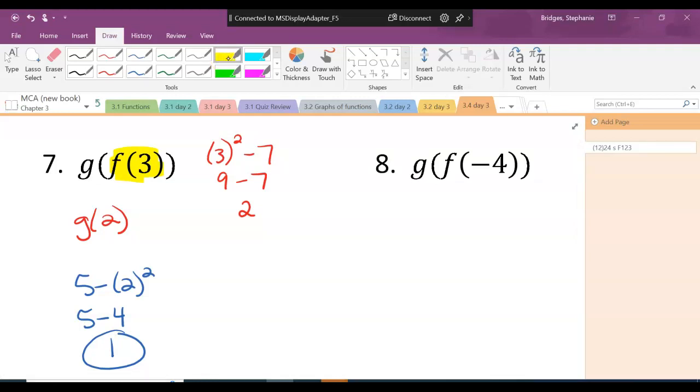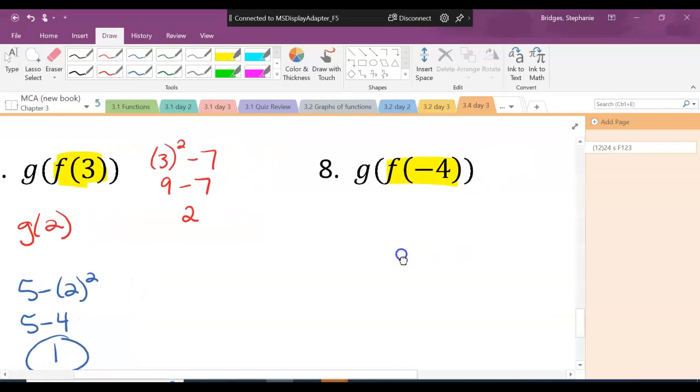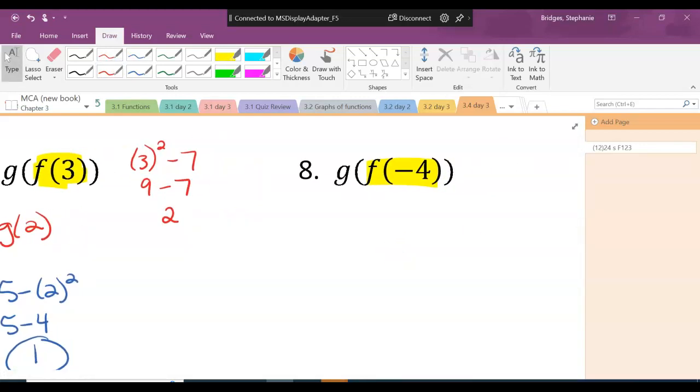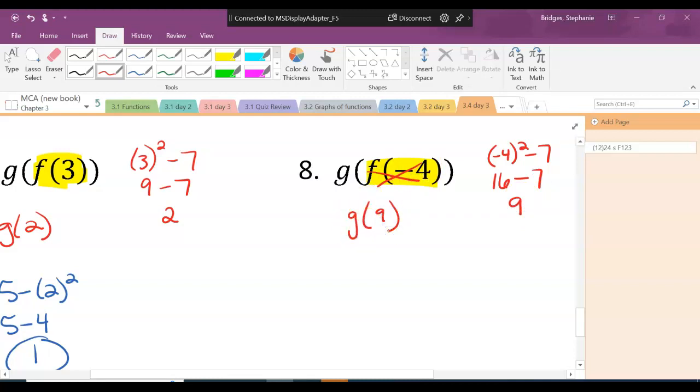All right. And then for number 8, we're going to plug in -4 for f, so -4 squared minus 7. What's -4 squared? And 16 minus 7 gives me 9. So then that f of -4 goes away. We're going to find the value of g of 9.